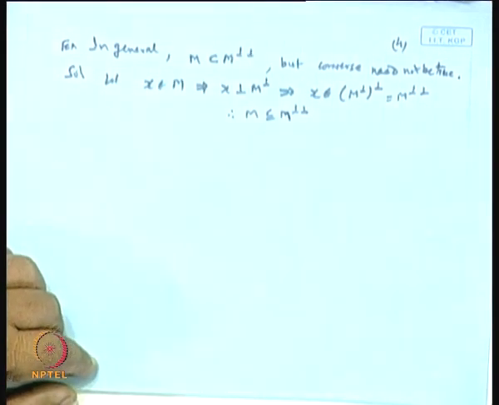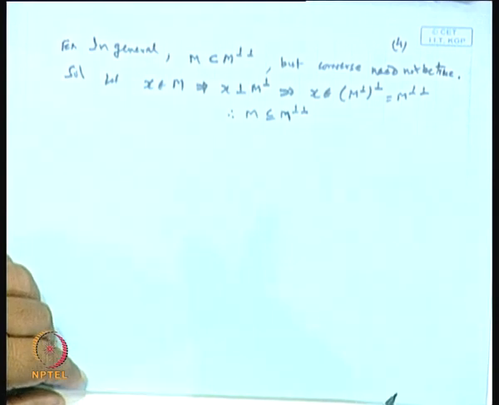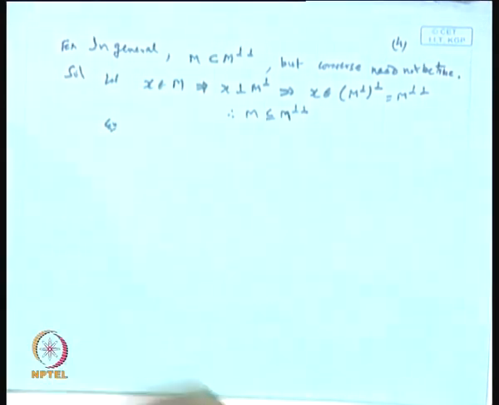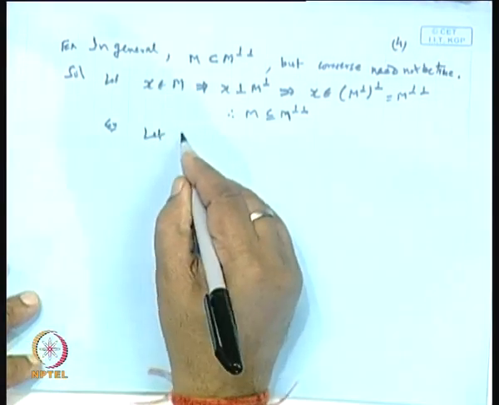Converse need not be true. It means we have to give a counter example where the converse need not be true. So, let us take an example here. Suppose I say let X is equal to R square.